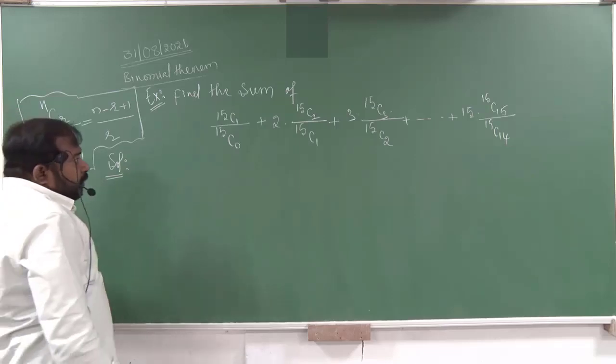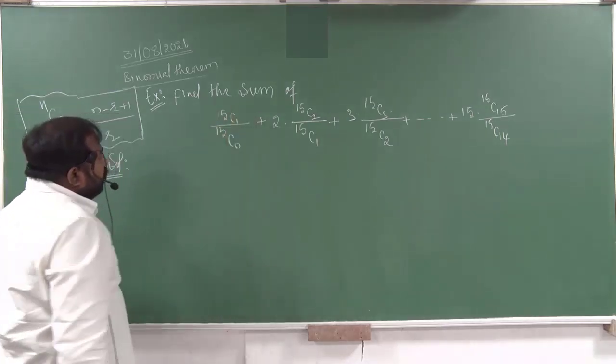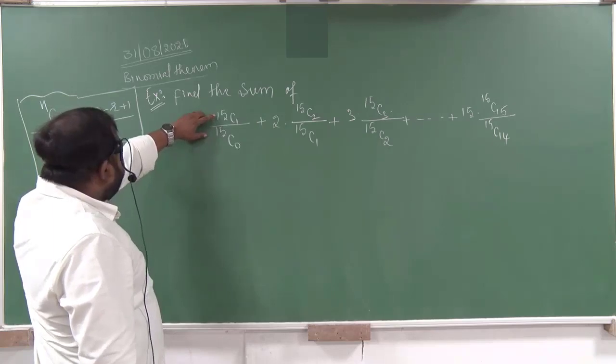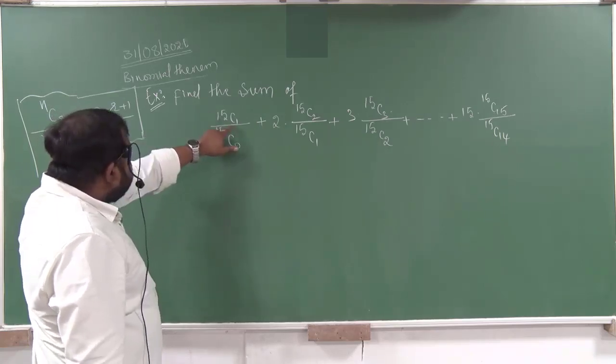So according to this formula, if you observe the first value, what is it? Instead of n, here 15 is there, and instead of r, 1 is there.